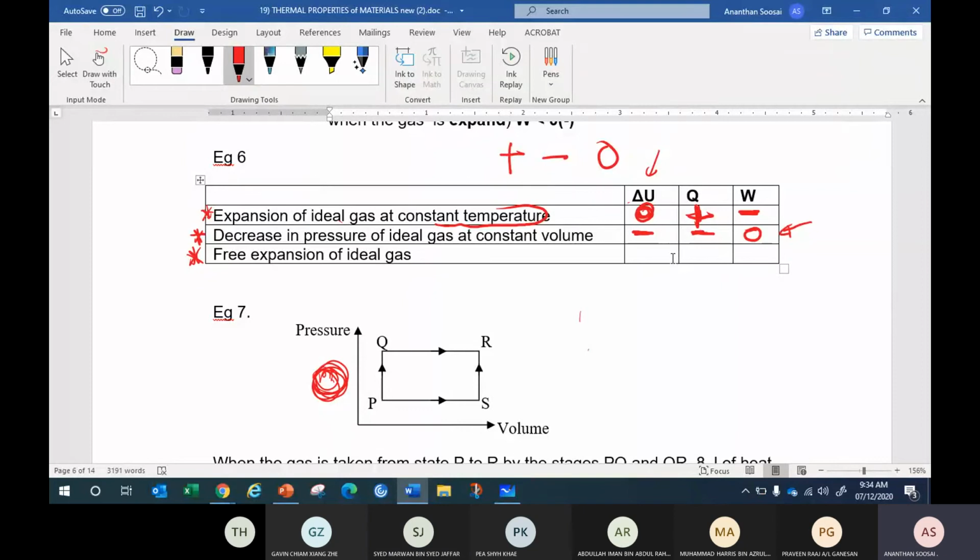Okay, third one, I need to add something here. Free expansion means act of nature, the gas is just allowed to expand by itself. That means what quantity is zero?